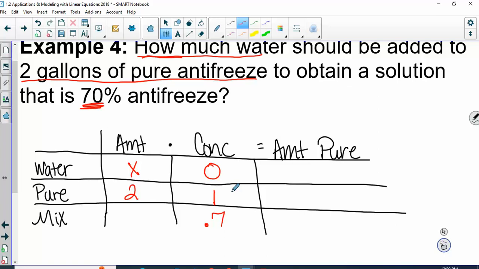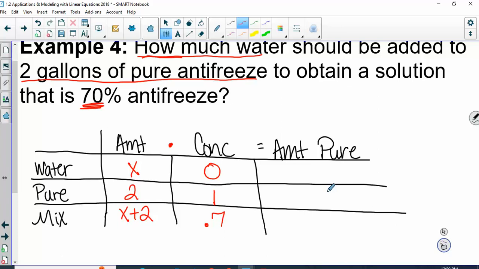Final thing, the amount of my mix. So if I pour in X gallons of water and 2 gallons of my pure, how much do I have? X plus 2. Just adding this together to get our total. So now look at my formula. Amount times concentration.